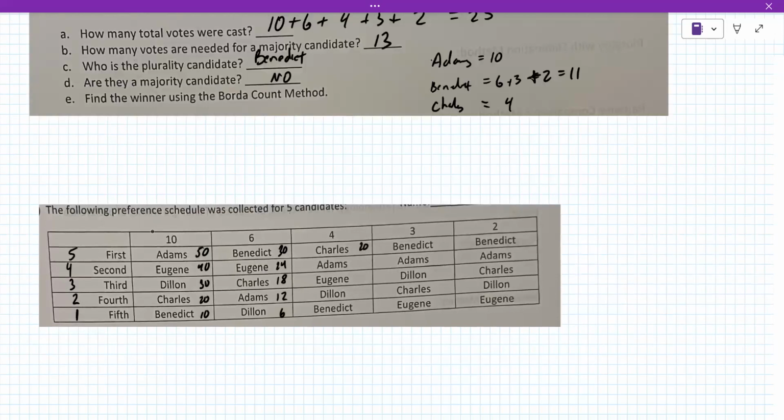And then 20, 16. So I'm just multiplying the row and column. You see that they're going down by the same amount each time. So 15, 12, 9, 6, 3. And then for Benedict, we got 10, 8, 6, 4, 2.